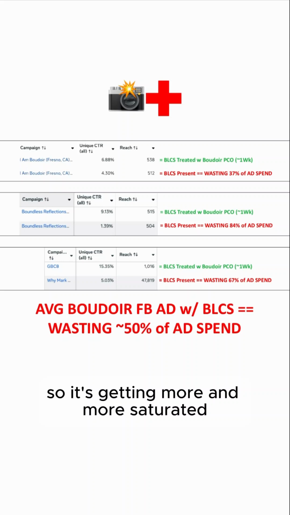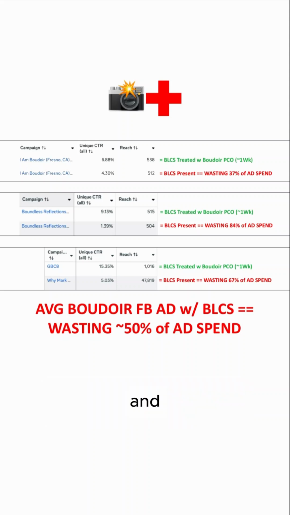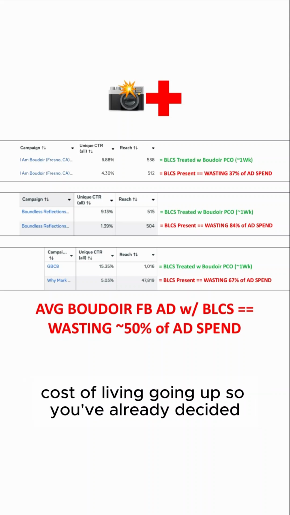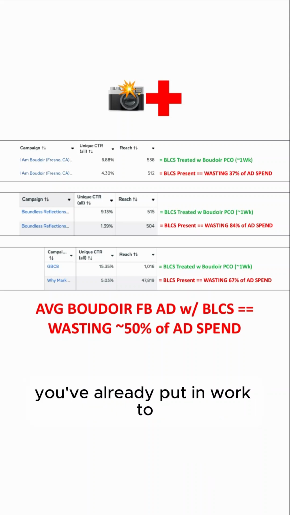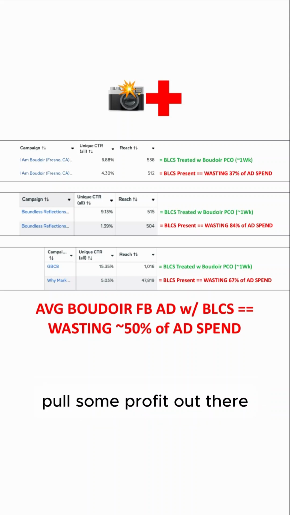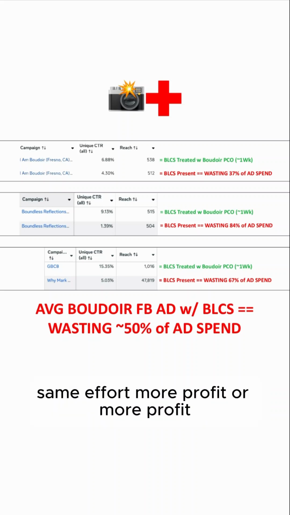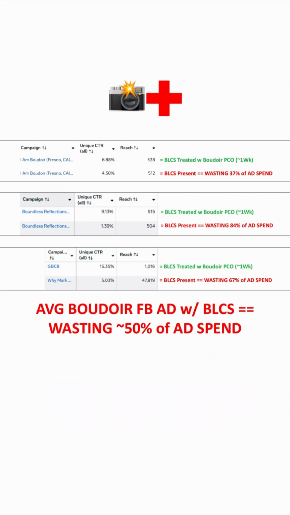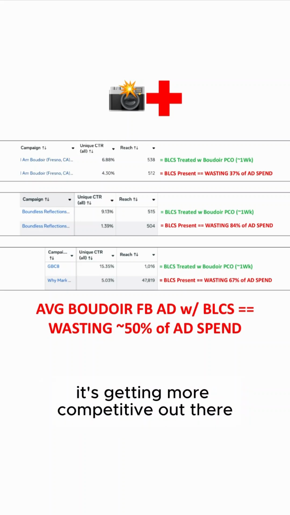So it's getting more and more saturated, and you're also seeing inflation going up, cost of living going up. So you've already put in work to optimize the other parts of your business, pull some profit out there: same effort, more profit, or more profit, less effort, fewer inputs. So becoming more optimized because you're seeing it's getting more competitive out there.